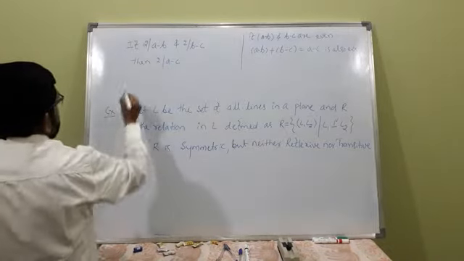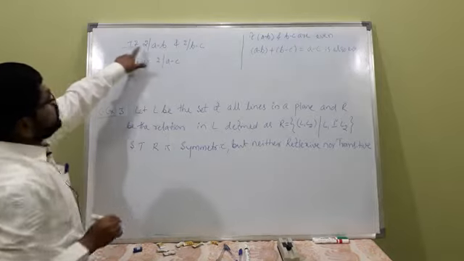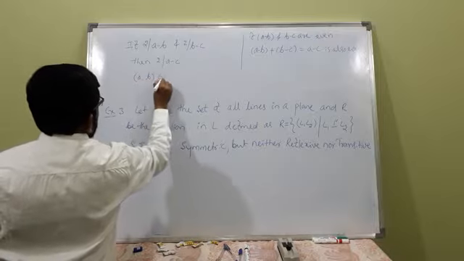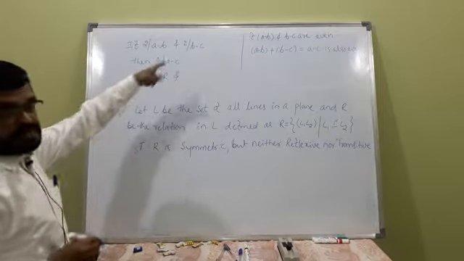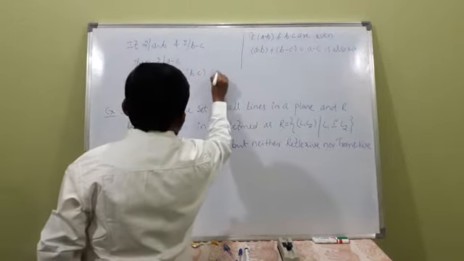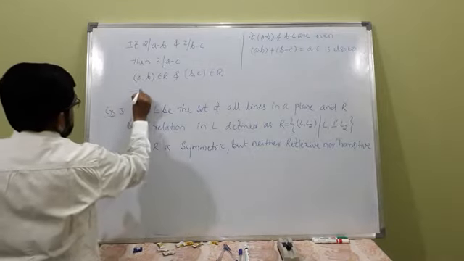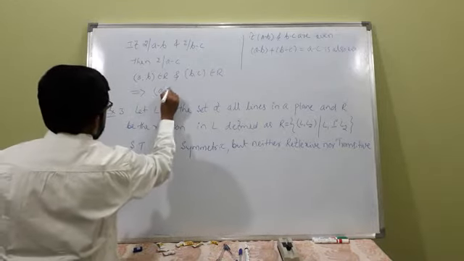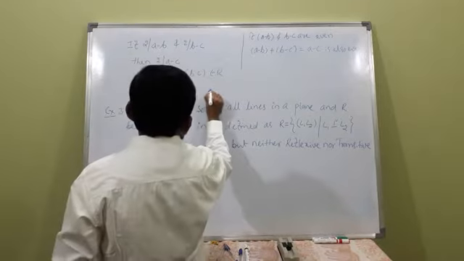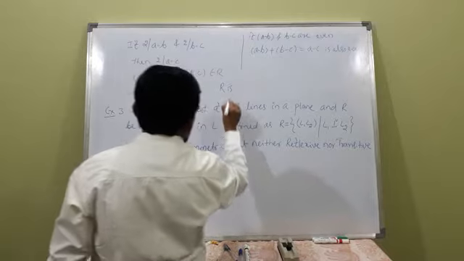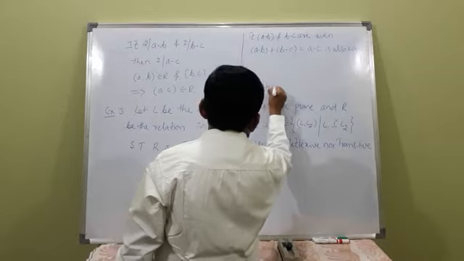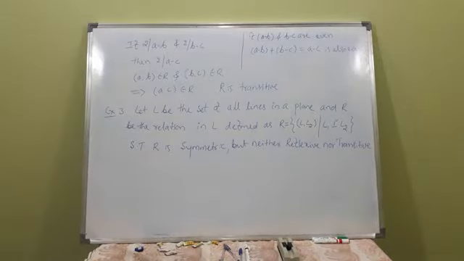Therefore, (a,b) belongs to R and (b,c) belongs to R implies (a,c) belongs to R. So R is a transitive relation.